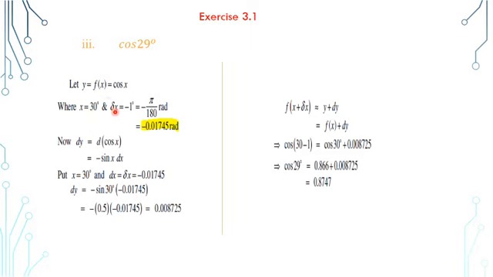So delta x or dx is minus 1 degree, minus as it is, and this degree can be converted into radian. So pi by 180 rad or 0.01745. Applying the differential, y is equal to cos x, dy is equal to d of cos x, minus sin x dx.